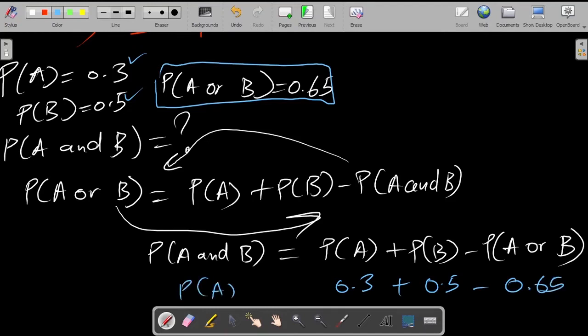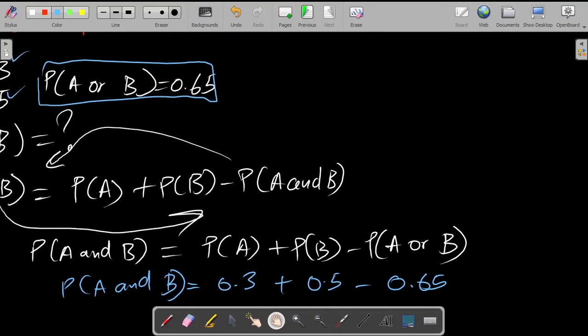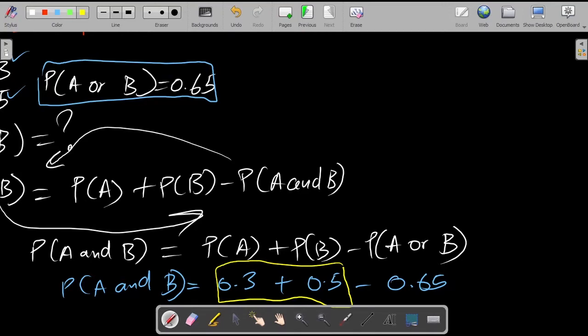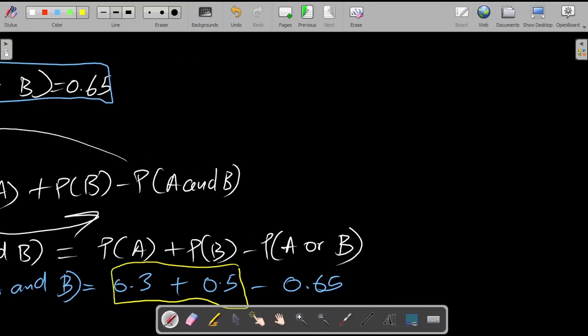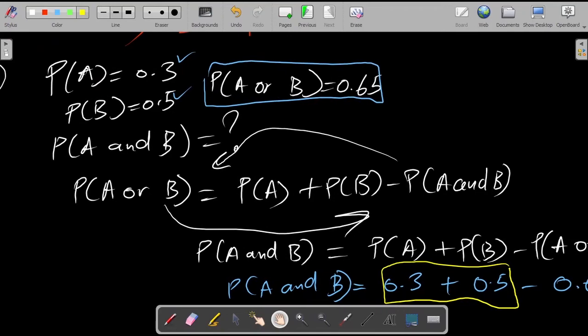So we can finally have the probability of A and B. And from the previous question, we found this value over here, which is just 0.8, and 0.8 subtract 0.65 should give you 0.15. And that is our answer. So just use the addition rule to find this value over there.